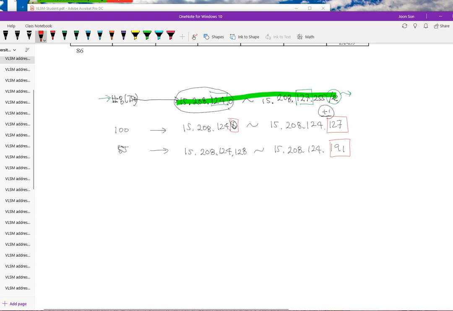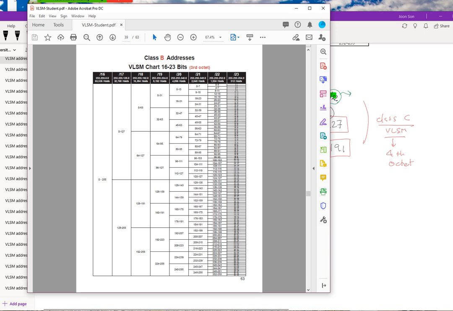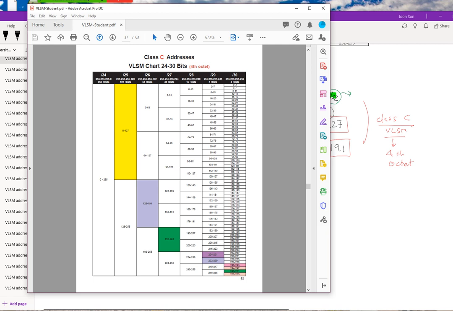Basically this is class C VLSM. For the class C VLSM, we know that we have to manipulate the 4th octet, and this is something we did in the previous lecture. So I'm going to stop here, and the solution is right there for the class C.